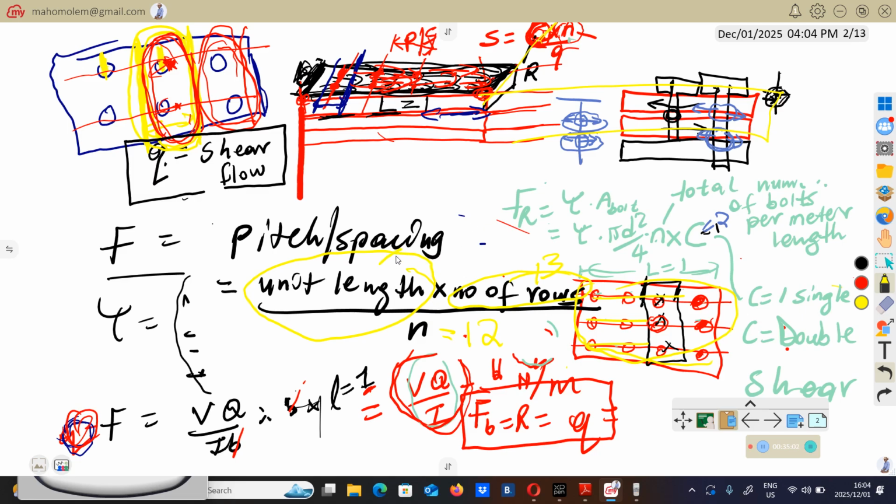So that's why here it is always going to be 1. So we use 1 there. But if you know the total length, you can still use it, but it should be the 1 meter length.